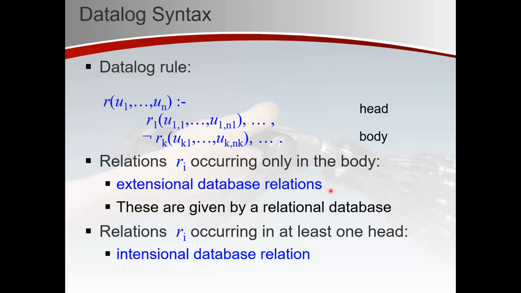Well, there's not a rule for when someone is the father of someone else, but that's a fact in the database. And here it's included in our relational database. And father would be a relation that only occurs in the body.